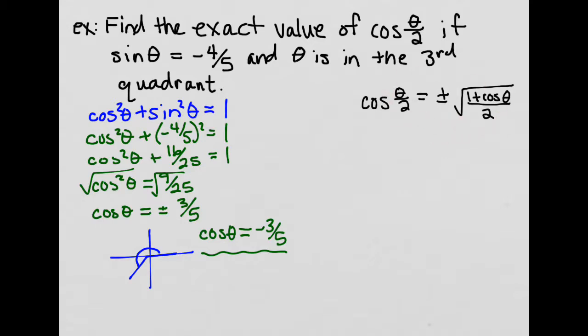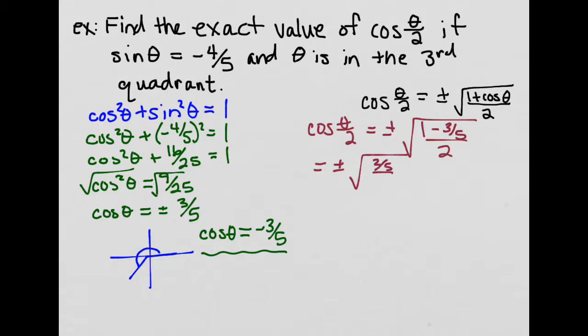So we'll have cosine of theta halves is equal to plus or minus the square root of 1 minus 3/5 over 2. Wait, with cosine theta being -3/5, that's 1 plus -3/5, and that'll be equal to plus or minus the square root of 2/5 over 2. And then we multiply by the reciprocal of the bottom.